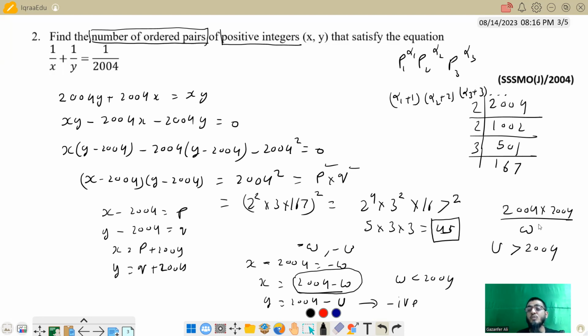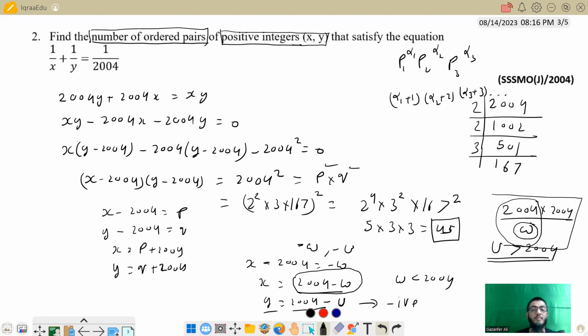But then the other factor U, because W is less than 2004, will be greater than 2004. That means Y will be negative. But we want positive integers X and Y. So the answer will be 45. Is this clear? Yes, sir.